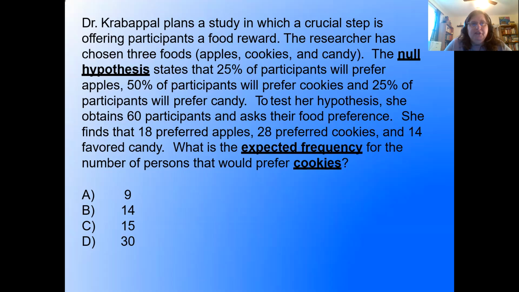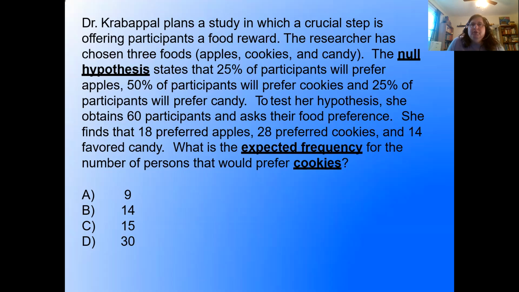To test her hypothesis, she obtained 60 participants and asked their food preference. She finds that 18 preferred apples, 28 preferred cookies, and 14 favored candy. What is the expected frequency for the number of persons that would prefer cookies?